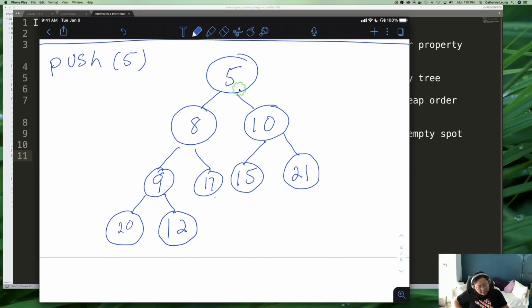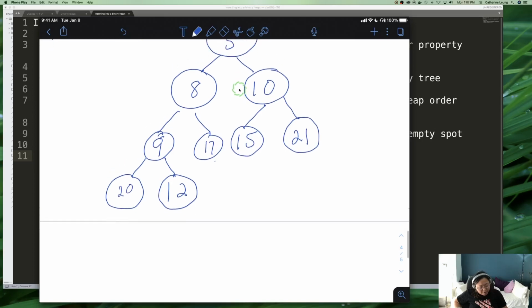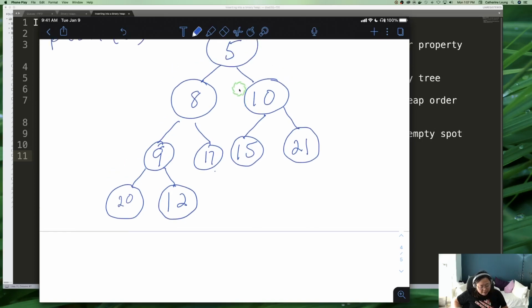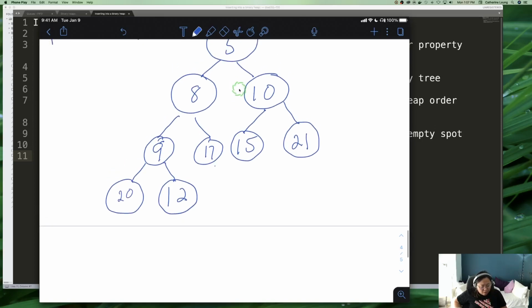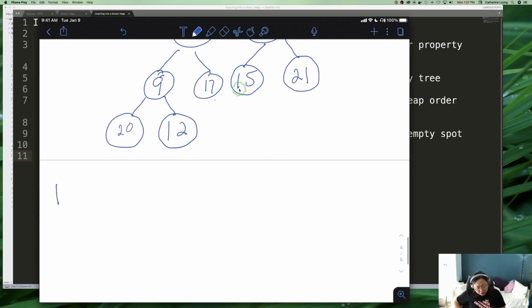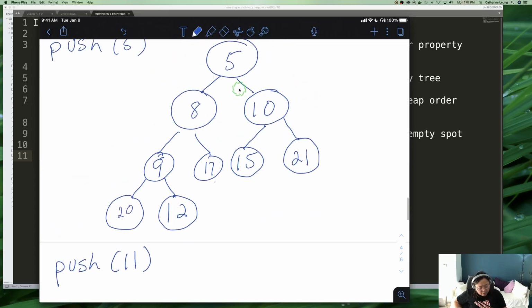Now, next, the last one to look at. Let's look at the number 11. Push 11. So here is the tree.